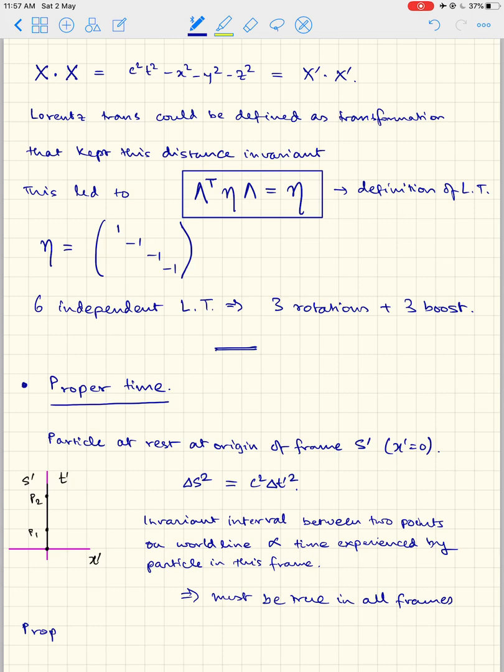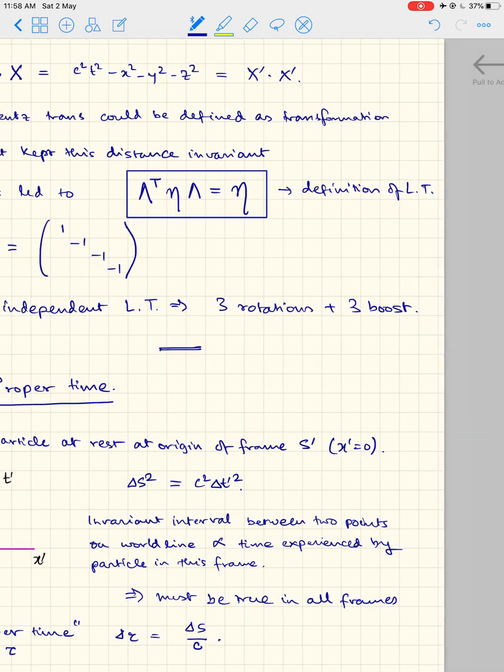So proper time is going to be delta tau, which is delta S by C. Proper time tau is going to be delta S by C. So the proper time provides a way to parameterize the trajectory of a particle such that all inertial observers agree.